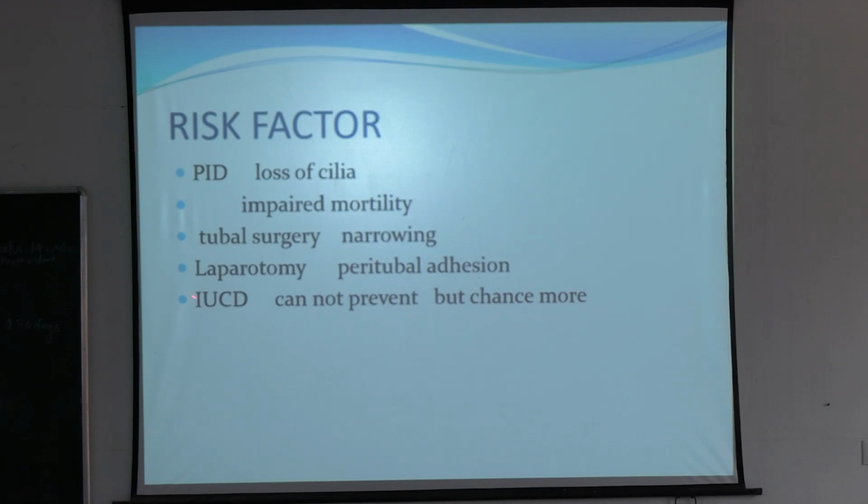On the other hand, because of the IUCD, there is a chance of pelvic infection leading to loss of cilia and an increased rate of ectopic pregnancy. So pregnancy as such is prevented by the IUCD, but there is a rise of ectopic pregnancy following IUCD insertion.